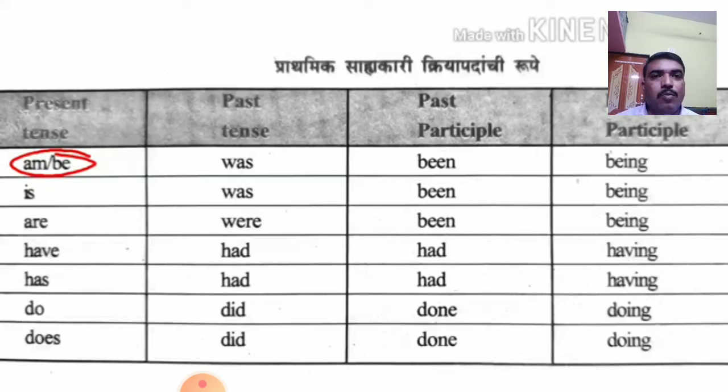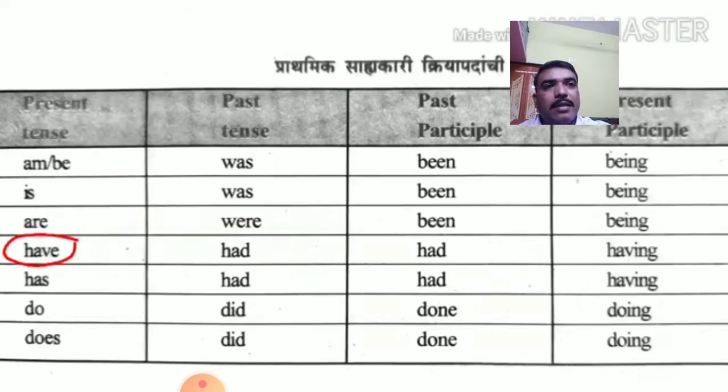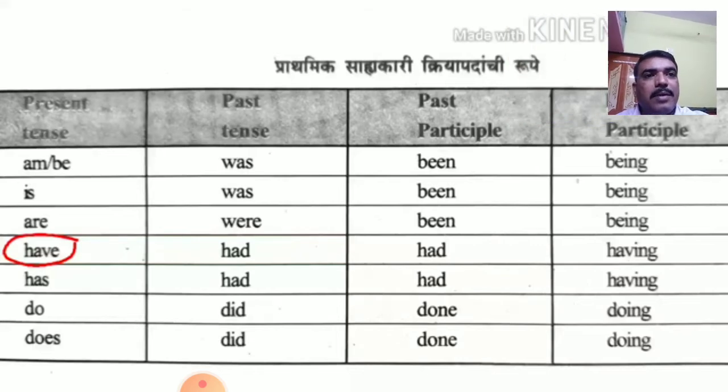Past tense: was, were, had, did. Past participles, which are used especially in the passive voice: been, had, done. And if you see the last column, the present participle: being, having, doing. These are also included in that.